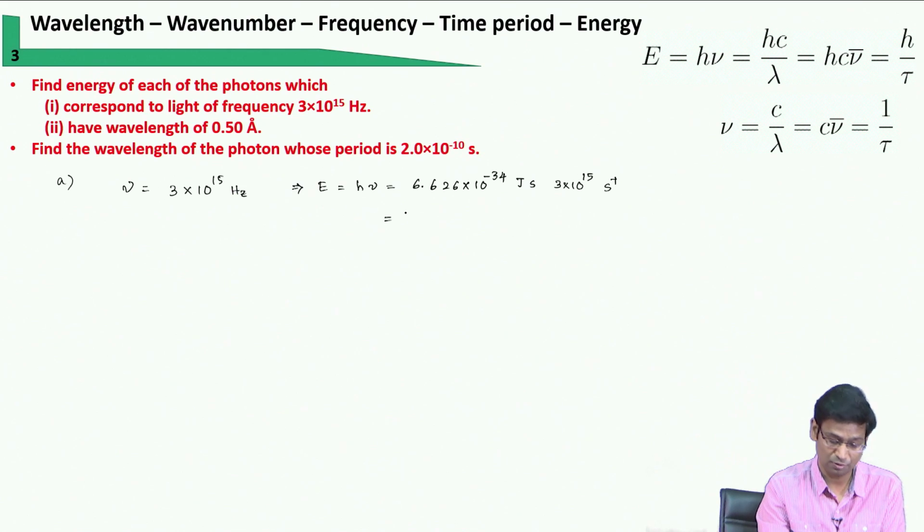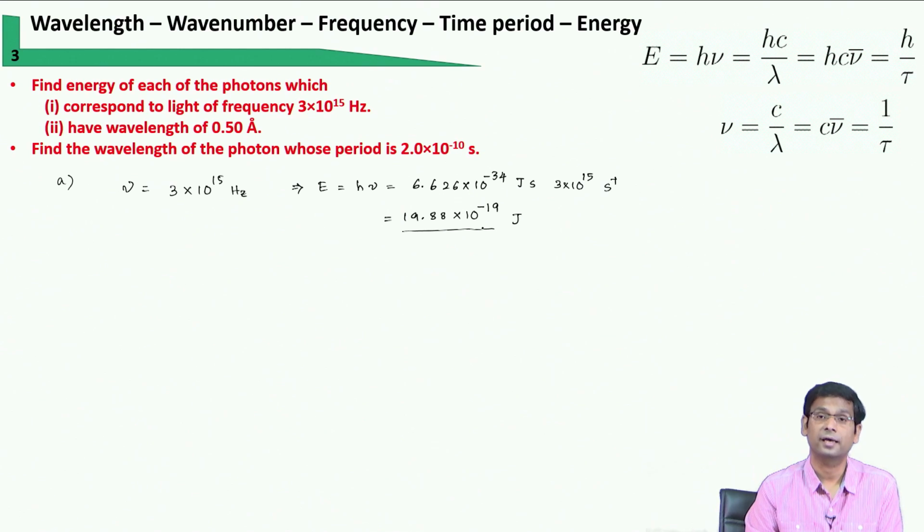When you do this multiplication, you get 19.88 into 10 to the power minus 19 joules. This many joules is the energy corresponding to this photon. Of course, you can convert this into other units such as electron volt.